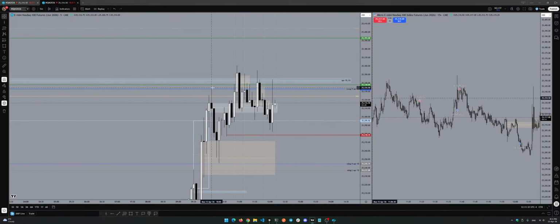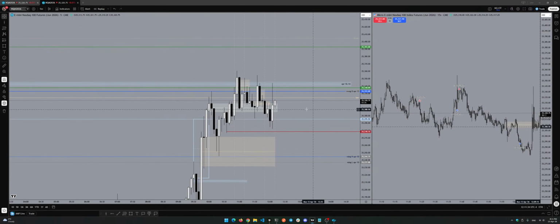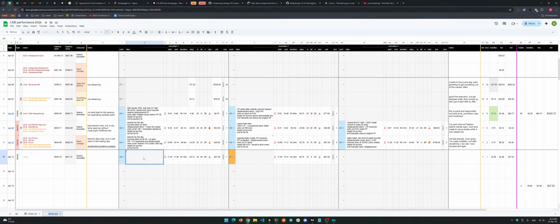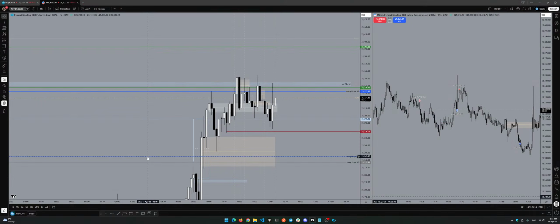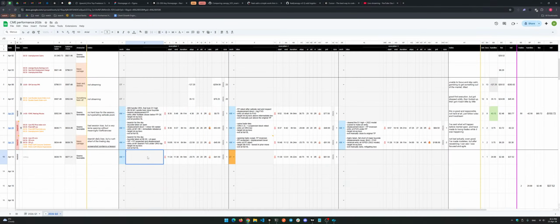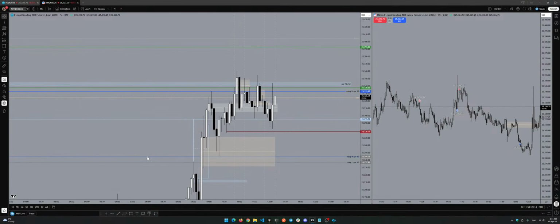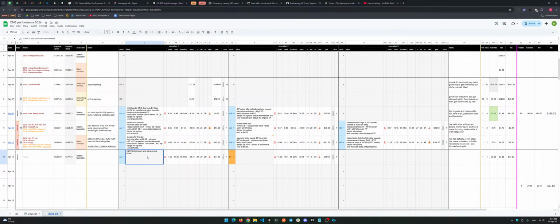It's visible here. Perfect touch to the new week opening gap high, and then a drop down to the midpoint of the opening range gap. And a top touch and retracement. Then highs raided again.